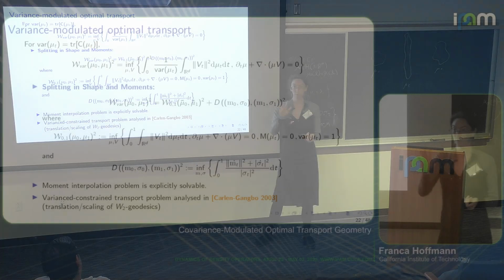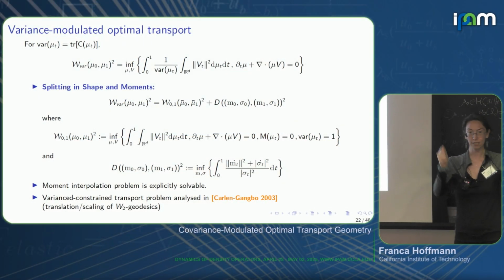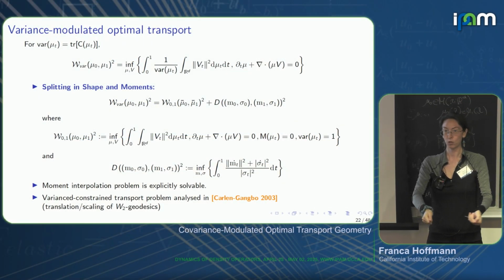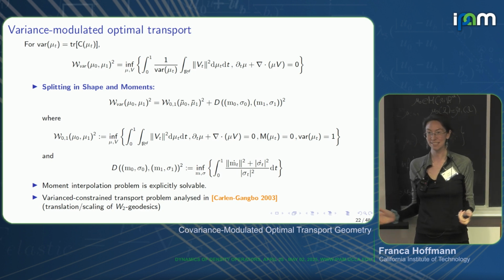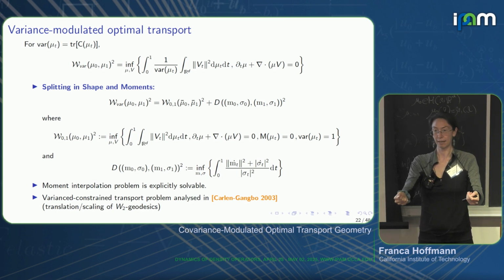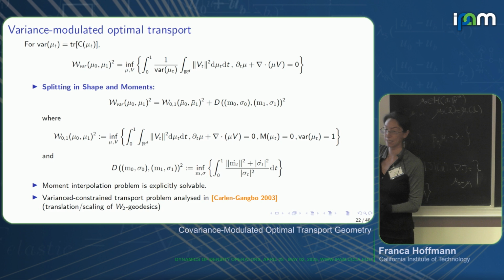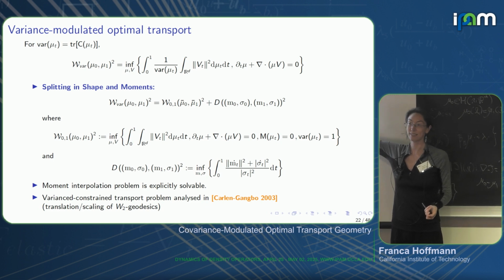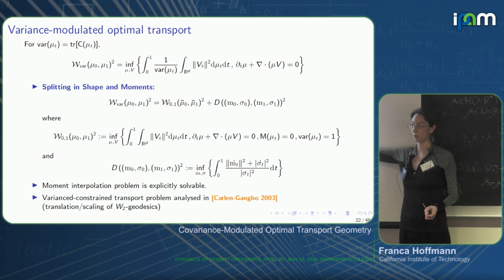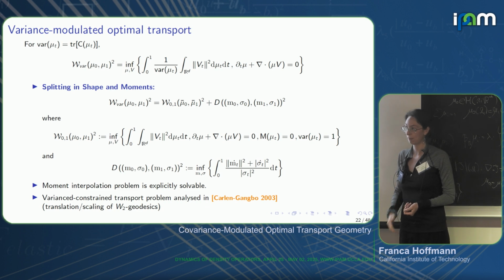You can look at your Wasserstein 2 geodesics, which we all already know exist. We know how they behave. You take them and you normalize them, so now they have mean 0 and variance 1. And then they turn out to be geodesics for this. So this gives you the proof of existence of geodesics for this variance-modulated metric.